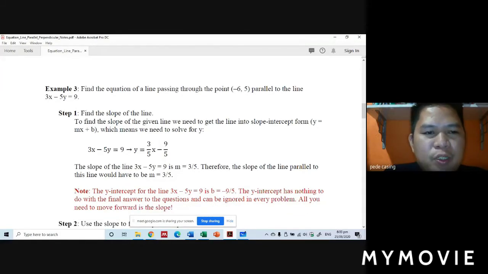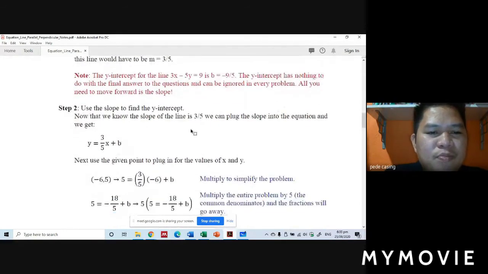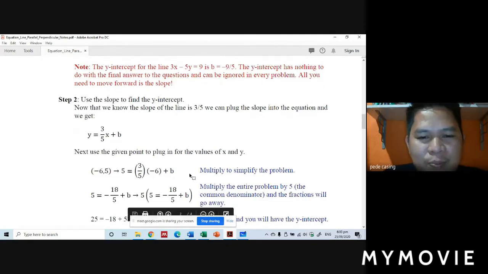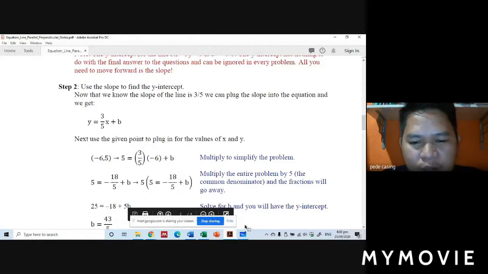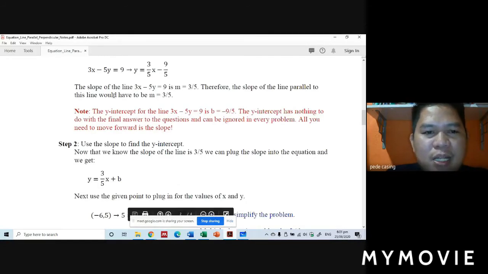So for step number 2, okay, we can form y equals 3/5 x plus b. I will present the solution so that we don't get confused, because if we just look at the copy, it may be confusing. So I will present our slope-intercept form. The given equation in the problem is 3x minus 5y equals 9.